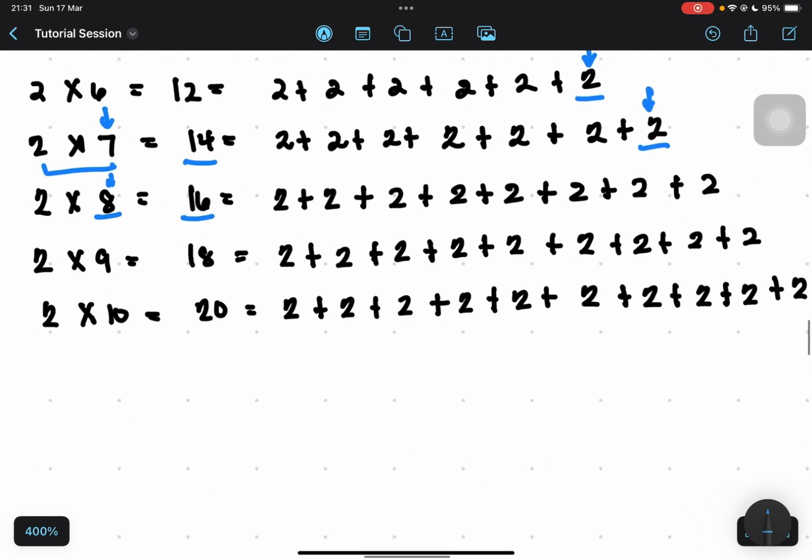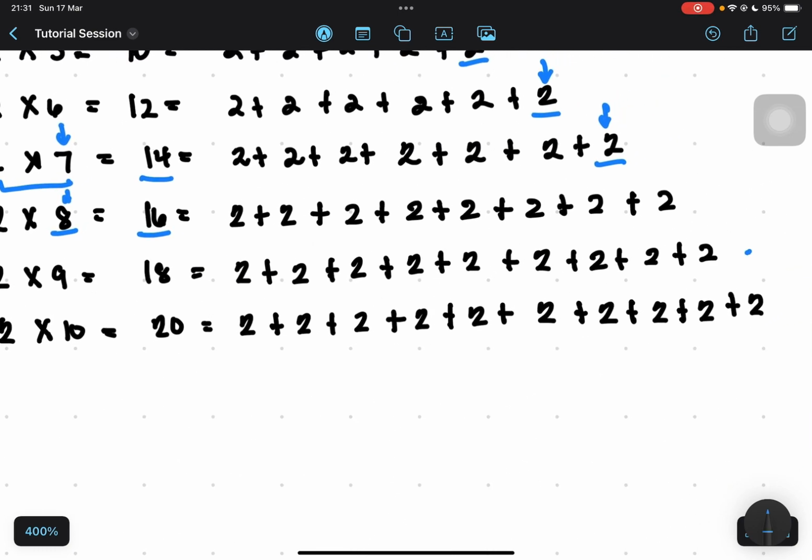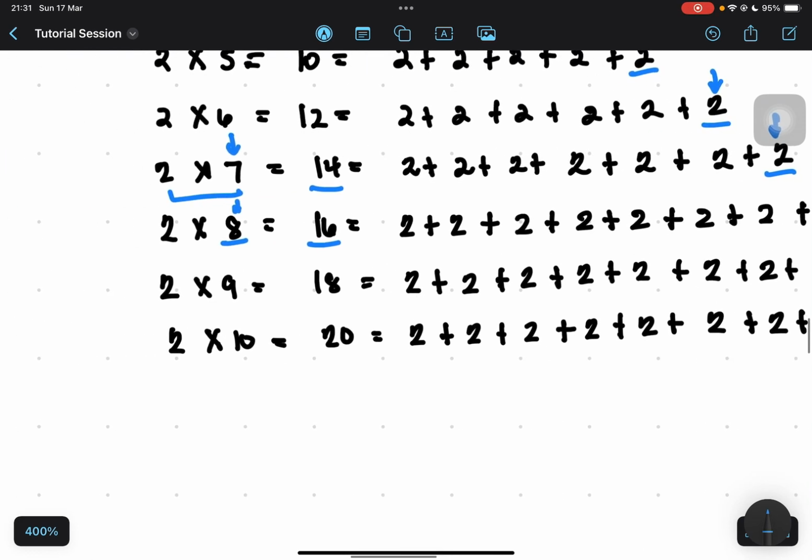Then we add another 2, to make nine 2's. So we add 2 by itself 9 times. So the expression should be 2 multiplied by 9. And it makes us obtain the result of 18.